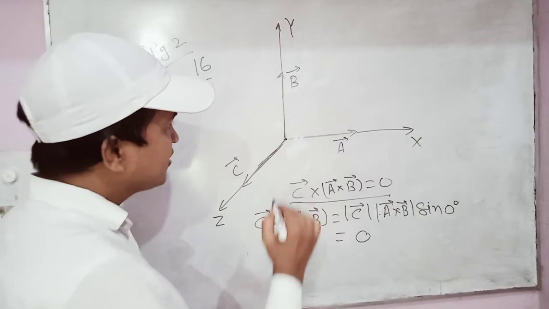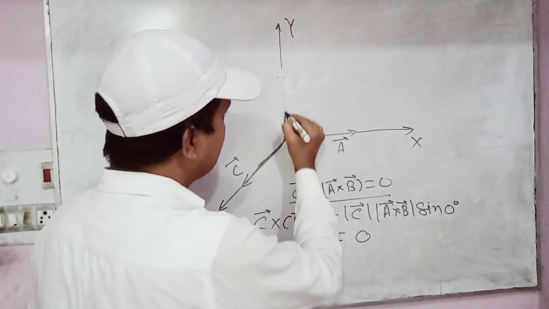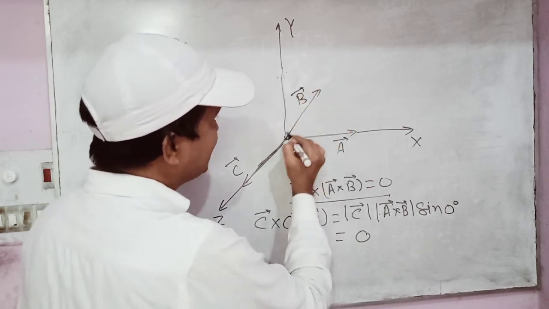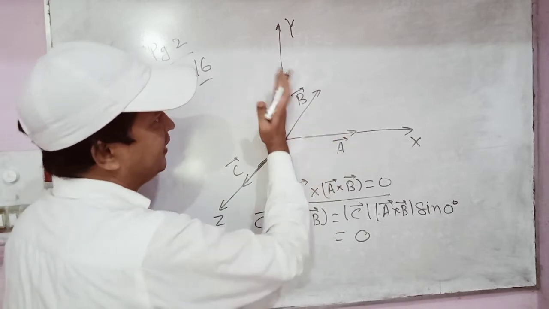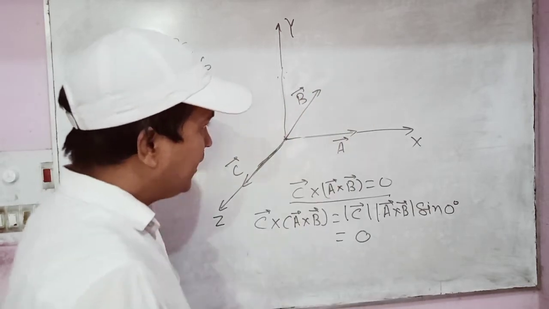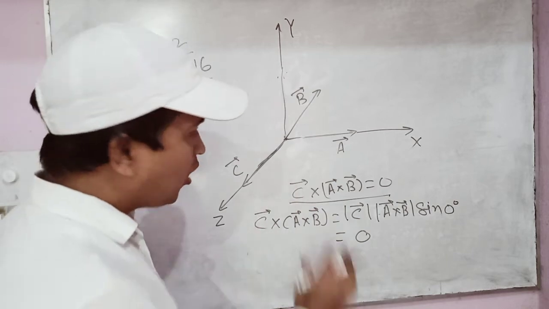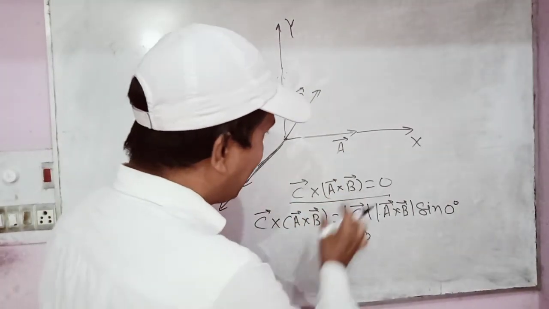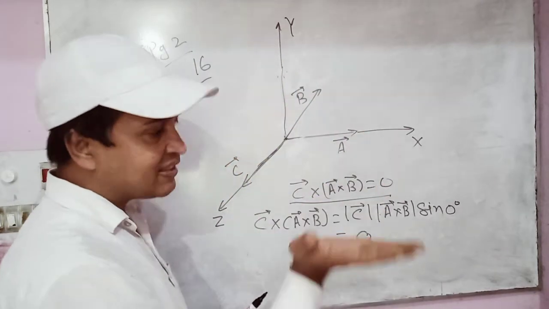Let us see. Suppose that B is not along the y axis, but let B be here. So B is not along the y axis, but still in the xy plane, in the plane of the board. Now if you calculate vector A cross B with vector C, we still get the result 0. Why? Because A cross B has direction along the Z axis from the right hand thumb rule.